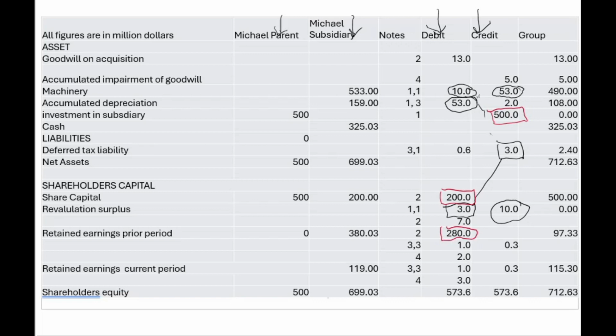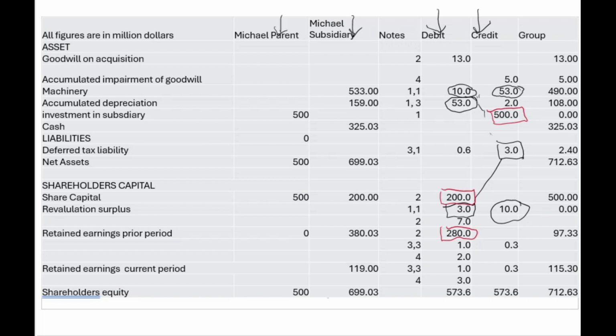Although it has made 380, that is for the previous period. We debit only 280 because that was the retained earnings at the date of acquisition.